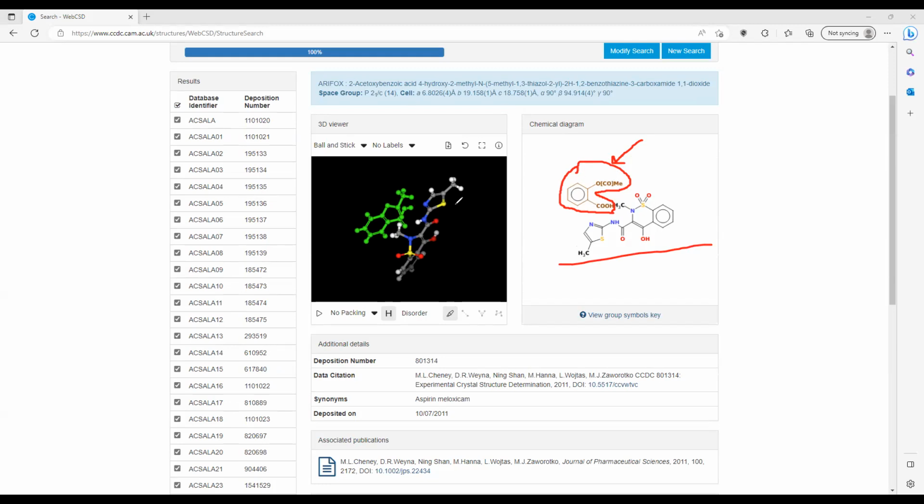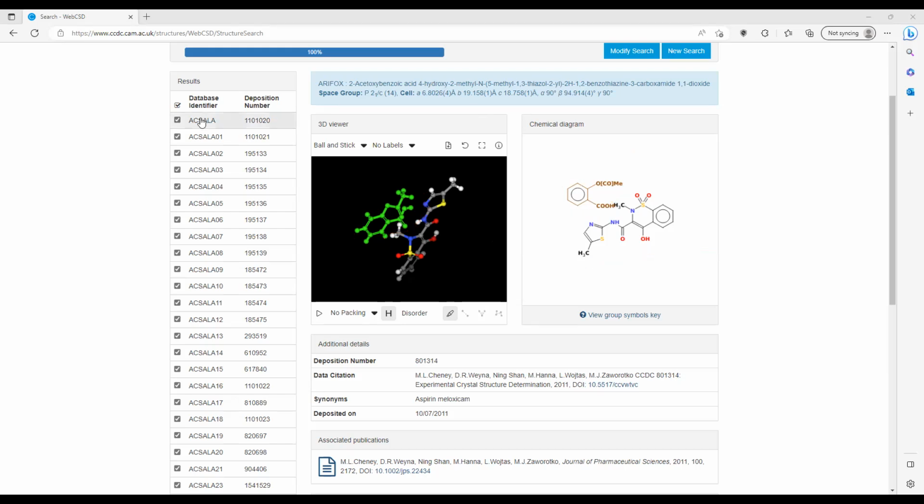That's highlighted as brown, and in the 3D viewer, it's highlighted as green. So this structure does not contain just acetylsalicylic acid. It contains other compounds.